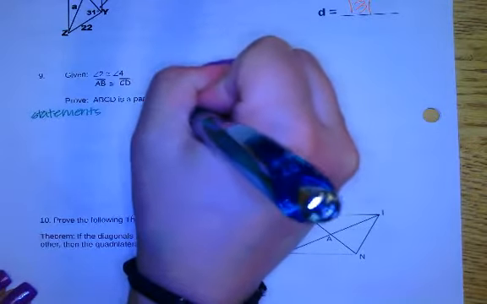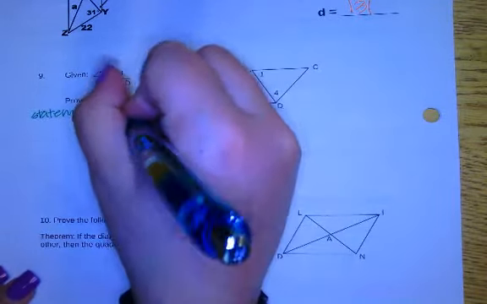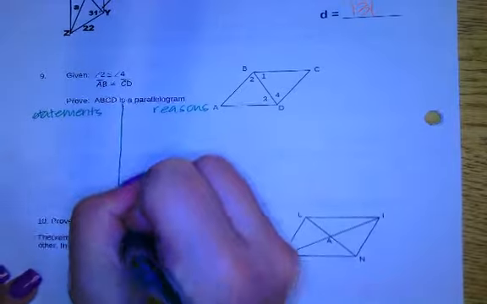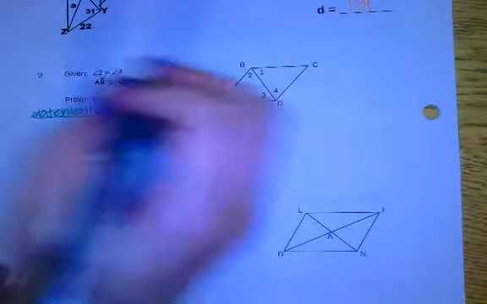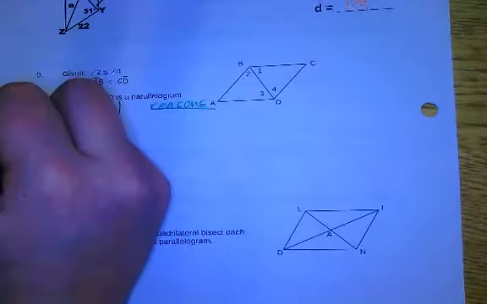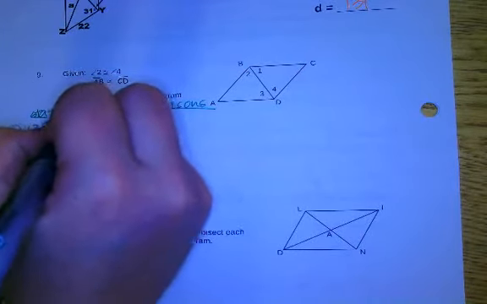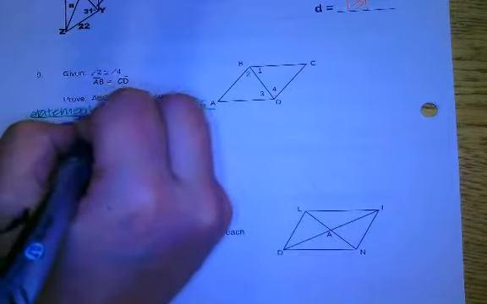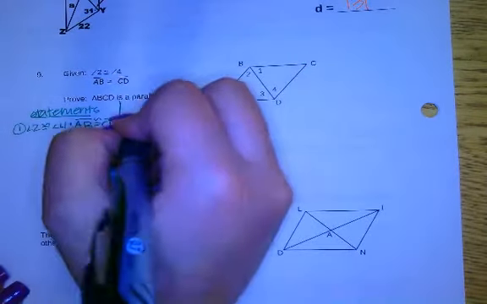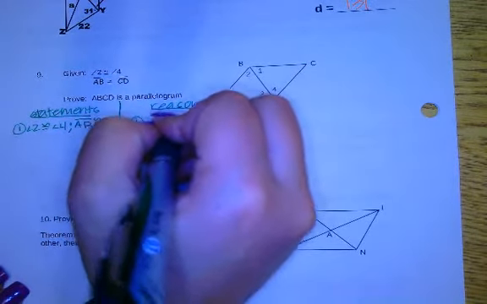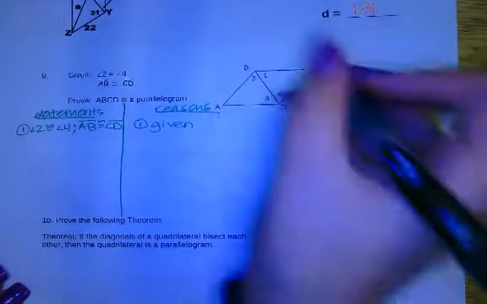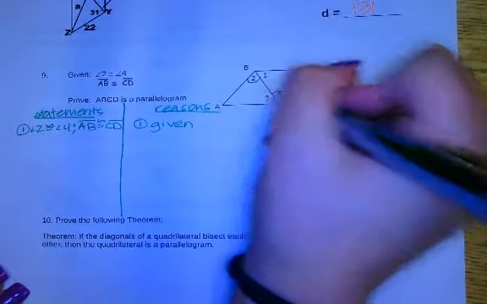Always start with the given. So 2 is congruent to 4, and AB is congruent to CD.